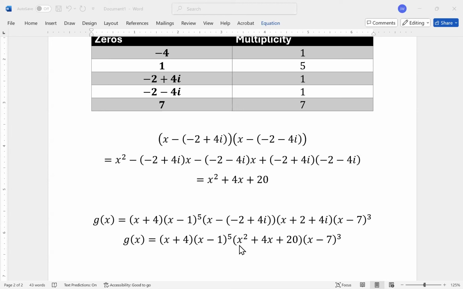I could have rewritten that as x squared plus 4x plus 20. And so now I can write g of x as x minus real roots, a bunch of those, and then a quadratic. Now you can't do that with every single polynomial, but for polynomials which have real number coefficients, you can always factor this way.